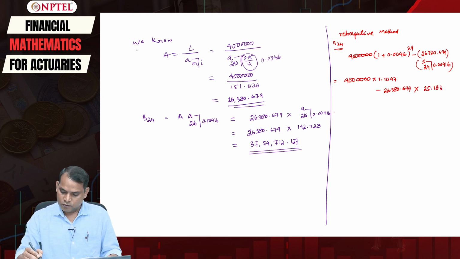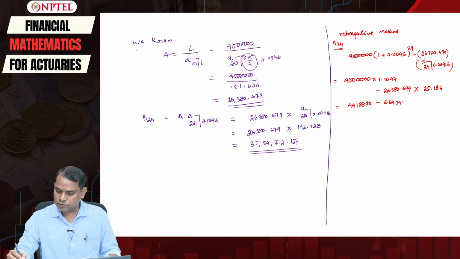So we can easily compute it as 44,188,00 minus 6,64345.1429.